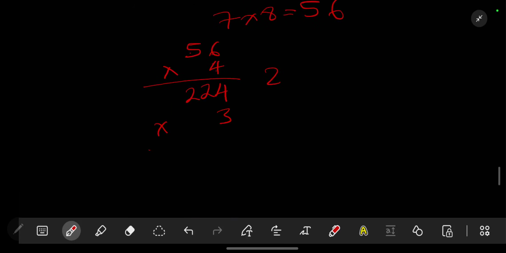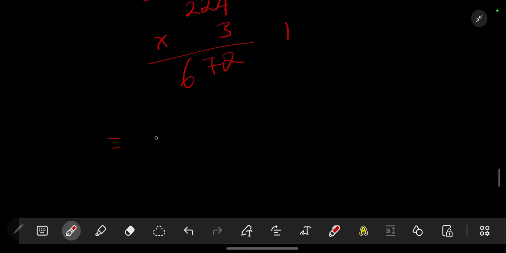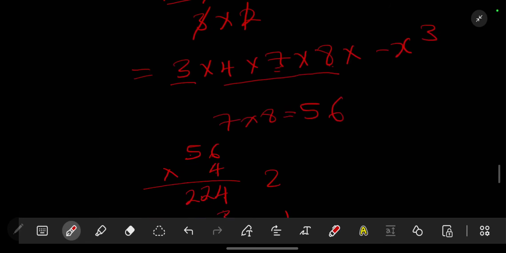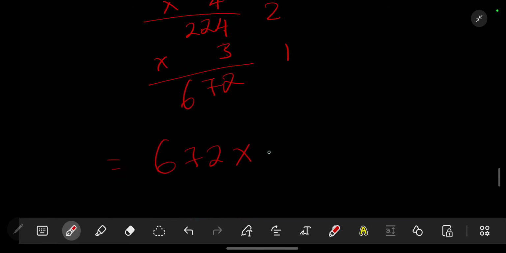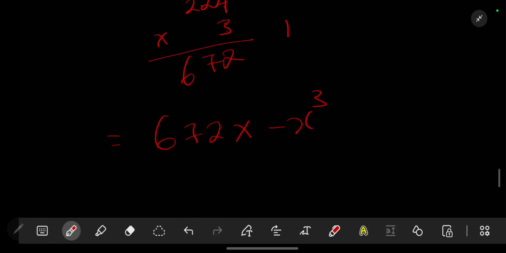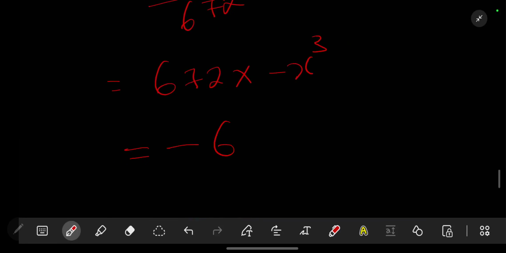So times our 3, we have 2 times 3 is 6, then 2 times 3 is 6 plus 1, that's 7, and 3 times this is 6. So this is going to give us 672 times our negative x to the power of 3. So multiplying this, we have negative 672 x to the power of 3, like that.